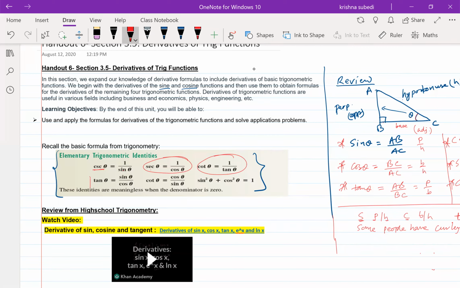And also please remember that tan theta equals sine theta over cos theta. You can prove it easily. Cot theta means cos theta over sine theta, and sine square theta plus cos square theta equals 1. So you need to remember these elementary trigonometric identities and the 6 trigonometric functions.